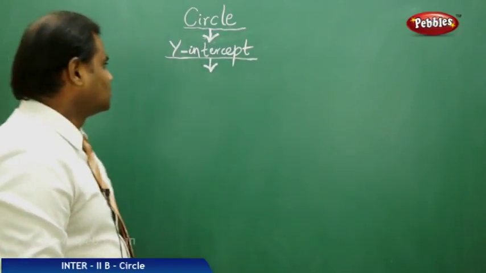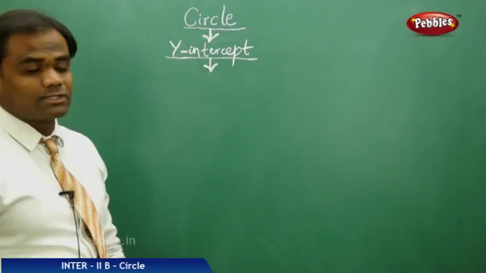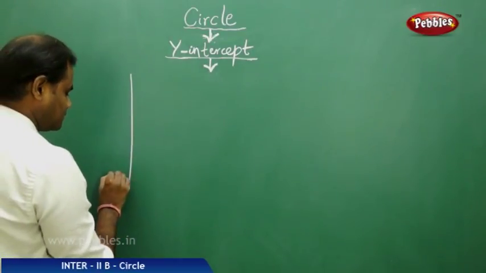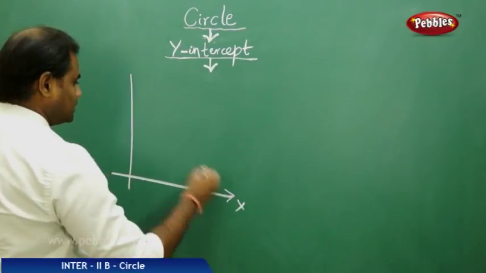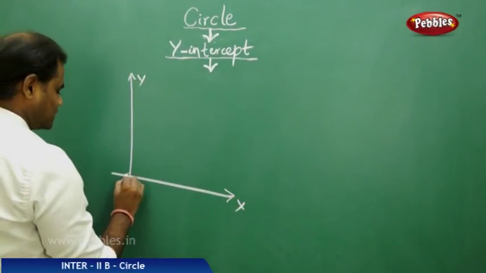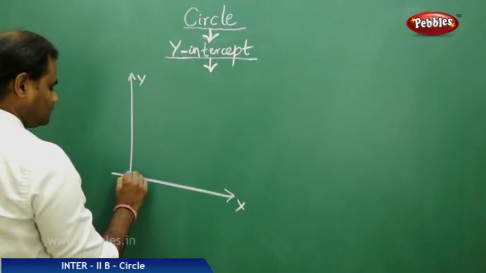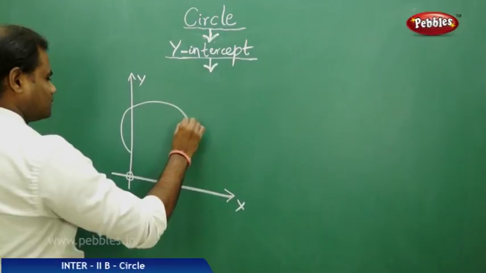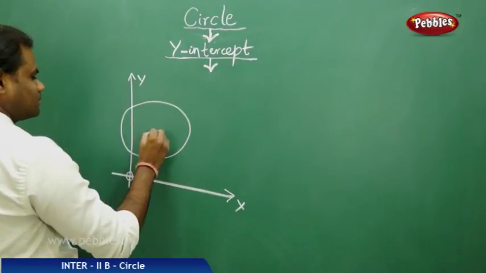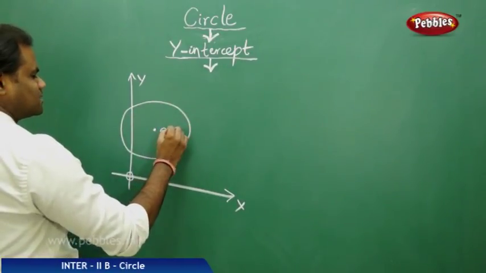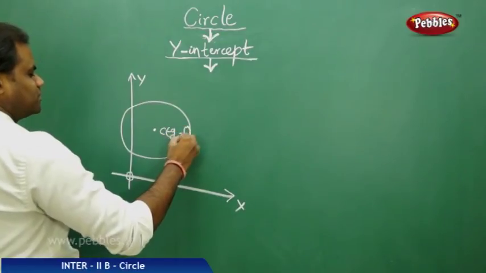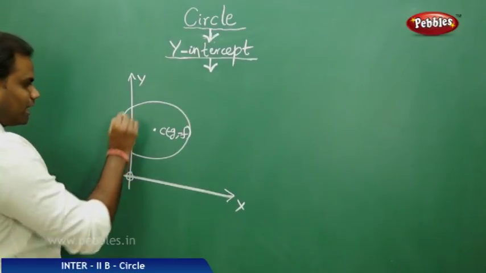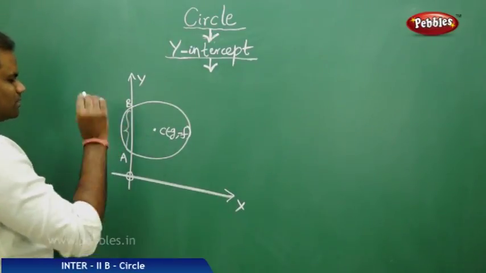Similarly, let's see what would be the y-intercept for the circle. So, for example, I take the x-axis, y-axis and origin, where my center is minus g minus f, and it is making an intercept on the y-axis, which is this.